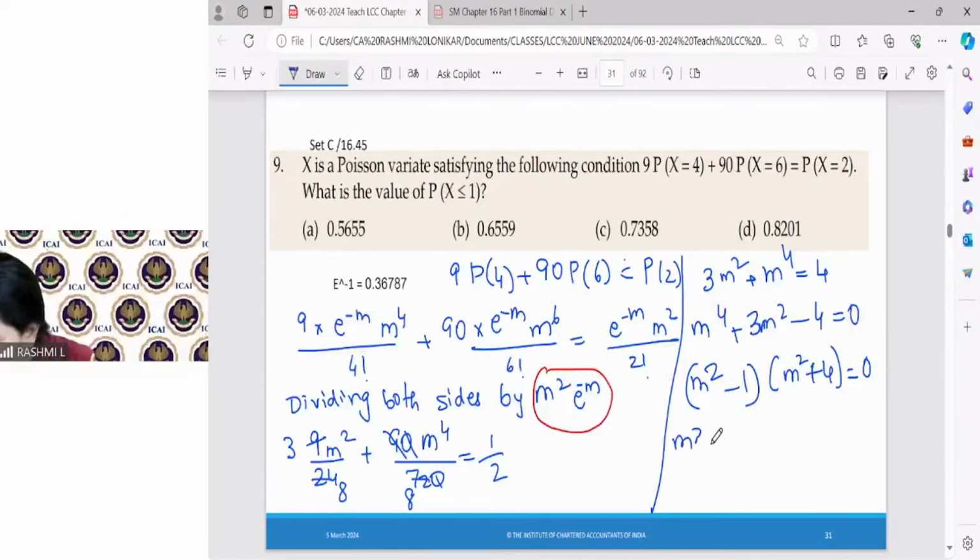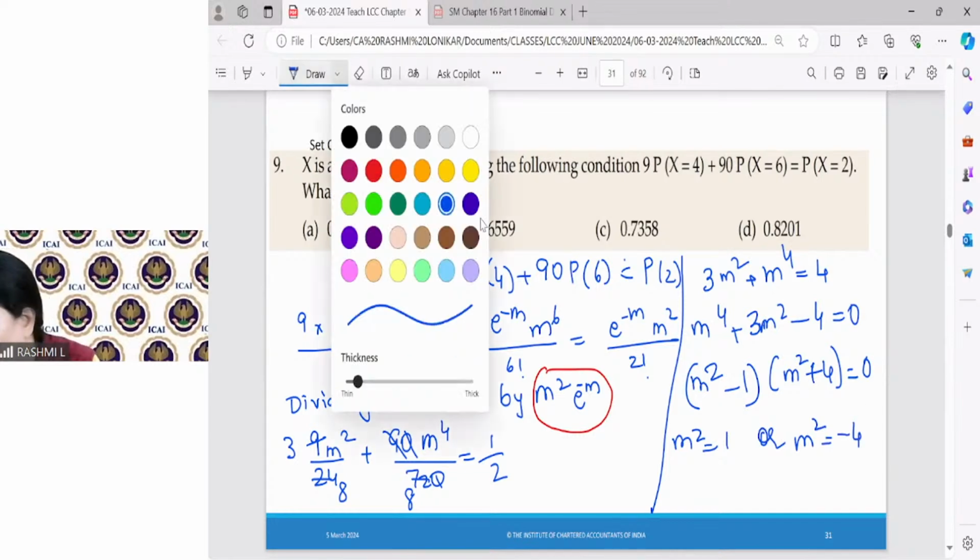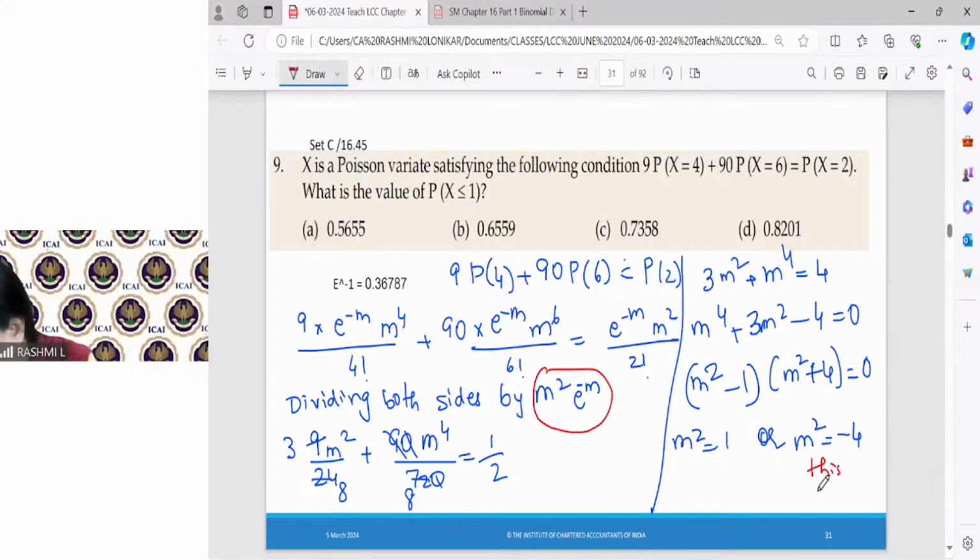Therefore, m square is equal to 1 or m square is equal to minus 4. This is not possible. So, answer is m square is equal to 1 and m will be equal to 1.